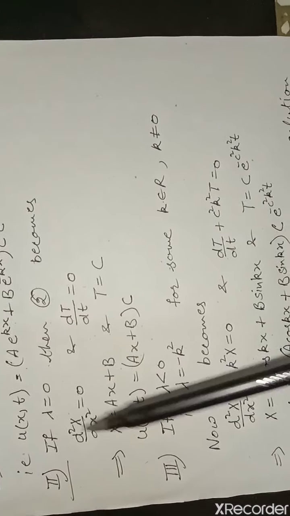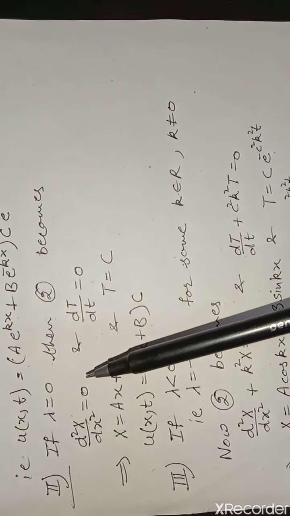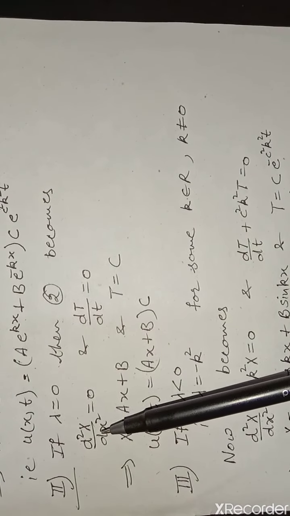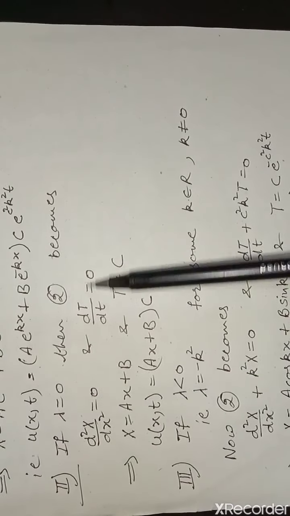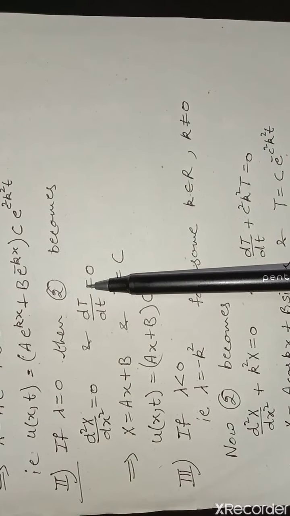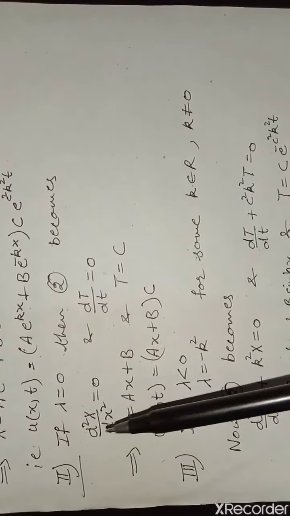Secondly, we assume lambda is equal to 0. Then the differential equation from equation number 2 reduces to these two differential equations. Again we find the solutions by integrating both.